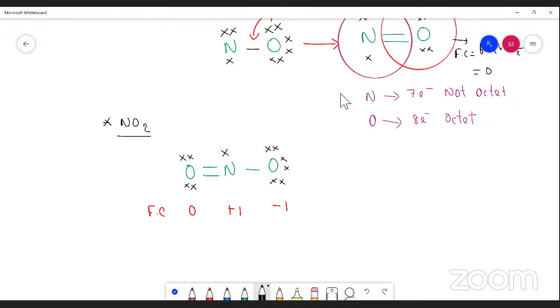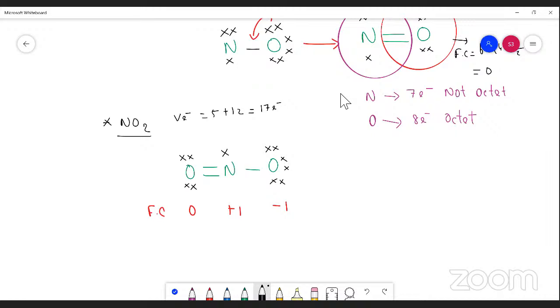In nitrogen dioxide, the total valence electrons are nitrogen 5 plus 12 from 2 oxygens, so 17 electrons. There are 3 bond pairs, so 6 electrons, and the remaining 11 electrons are lone electrons.